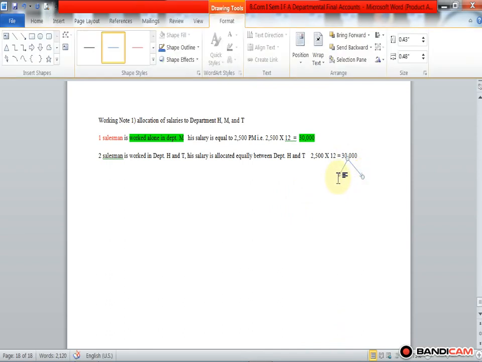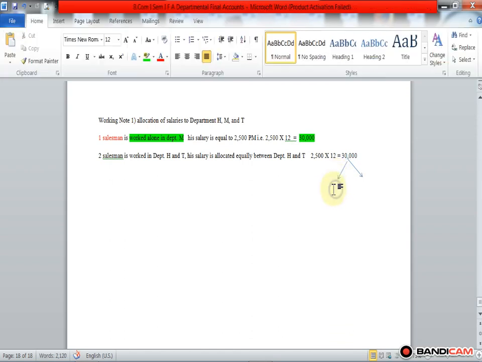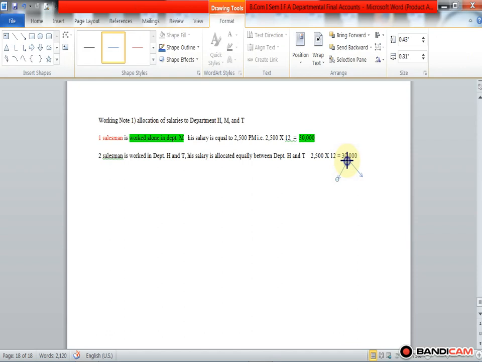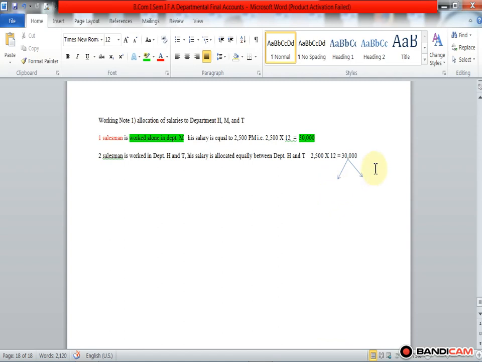So these are the distribution. 30,000 divided by 2 is equal to 15,000.